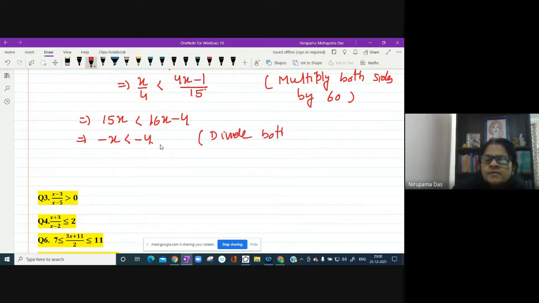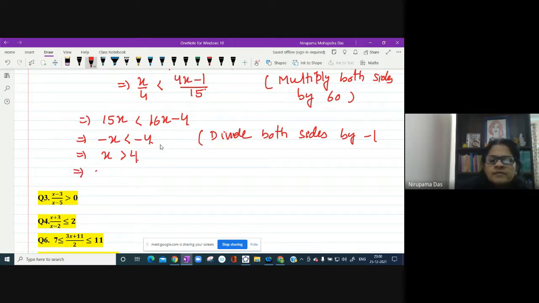So you will be getting x, then the inequality will be reversed, because when we multiply both sides of an inequality by a negative number or divide by a negative number, the inequality is reversed. Okay, so x greater than 4.